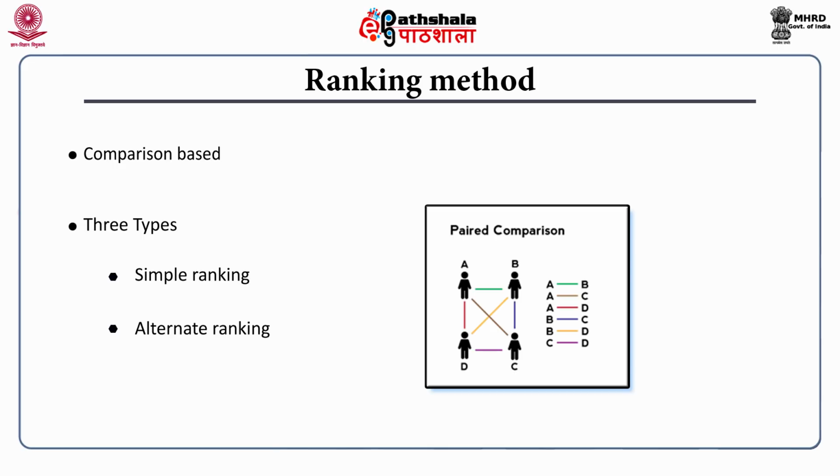Similarly, the least valuable employee is identified and his name is placed at the bottom of the chart. Then the ranking procedure starts. The ranker then selects the next most valuable employee and puts his name below the name of the top most valuable employee. The process continues till the list gets exhausted.